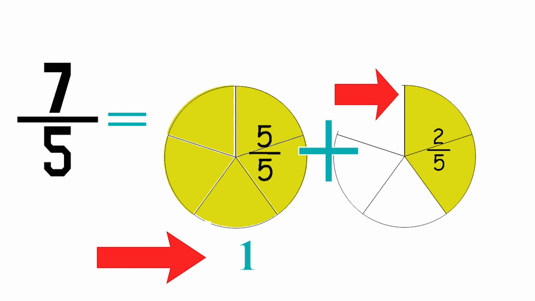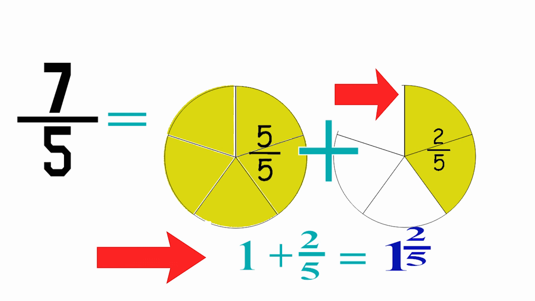So there you have it, 2/5. And we know 5/5 plus 2/5 equals 7/5. But the important part is 5/5 equals 1. So you can change that to the whole number 1. And then you add the 2/5 to it. There you have it, 1 and 2/5. So 7/5, which is the improper fraction, equals 1 and 2/5.